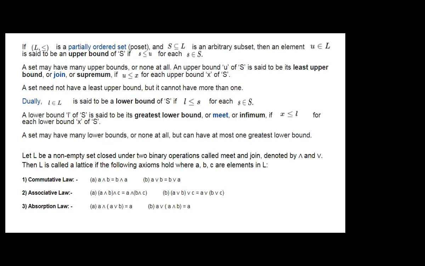It may not have the supremum, but if it is there, then it will have only one. It means the supremum value will be unique. Now, the same is true dually.